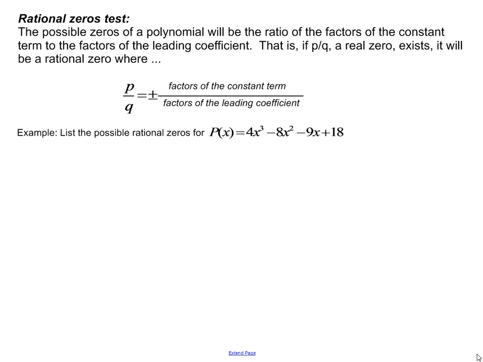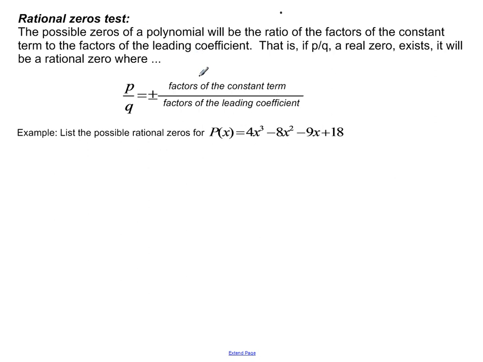Okay, so let's talk about another test that we use in helping us identify where we should be looking to find zeros in our polynomial functions. And that is this, the rational zeros test. It says the possible zeros of a polynomial will be the ratio of factors of the constant term to the factors of the leading coefficient.